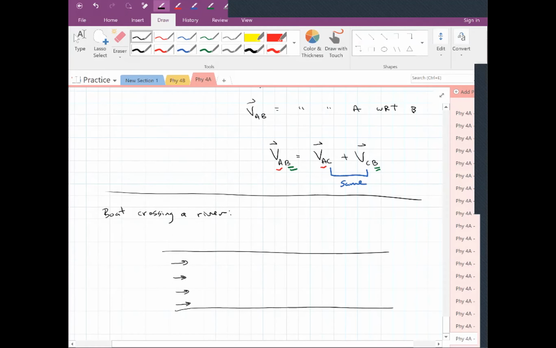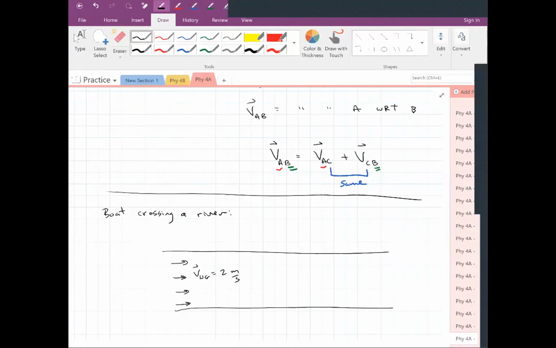So we'll make the velocity of the water with respect to the ground 2 meters per second, and we'll make it uniform across the whole river, unlike a real river, right? A real river, the water flows fastest in the center and slowest near the banks, but we'll just make our water have the same speed everywhere across the whole river.